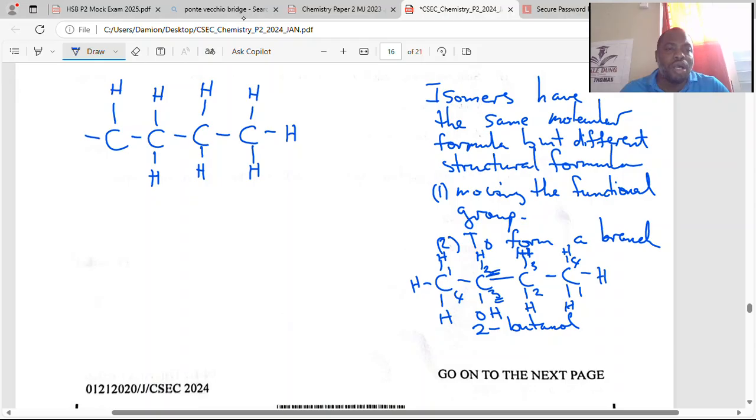Now, I want to bring a little scenario here. Again, how we name the alkanes, or any organic compound, we look at the longest chain. The longest chain has how many carbons? 4.